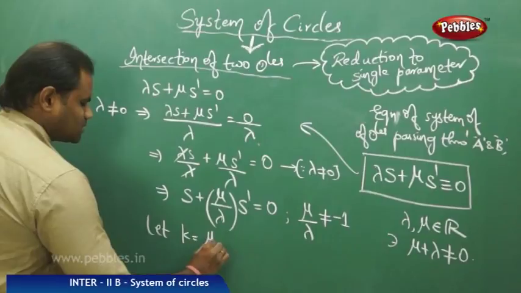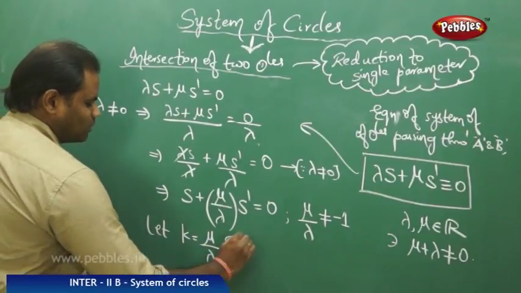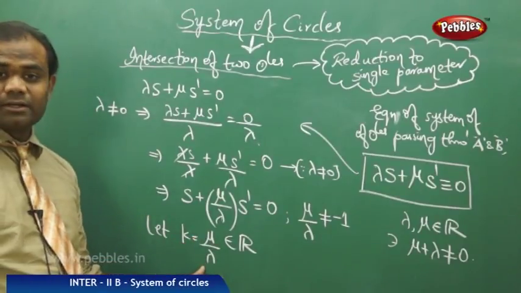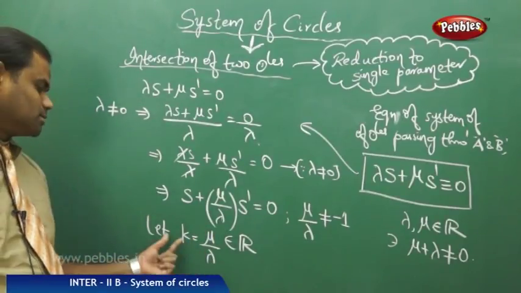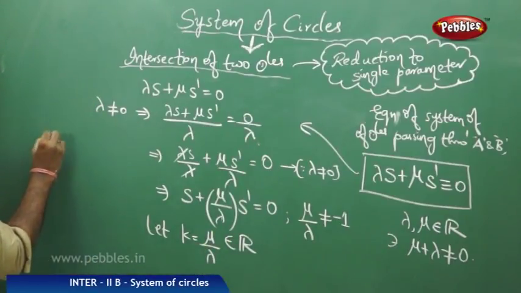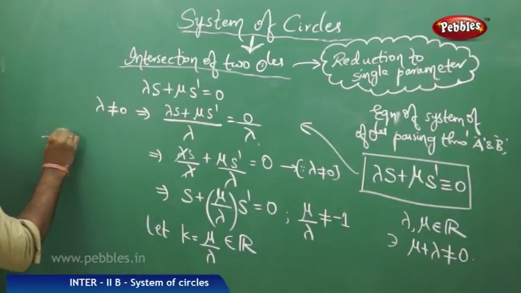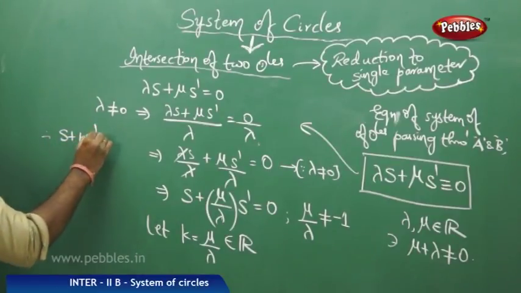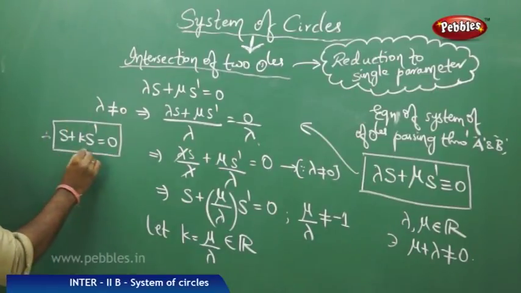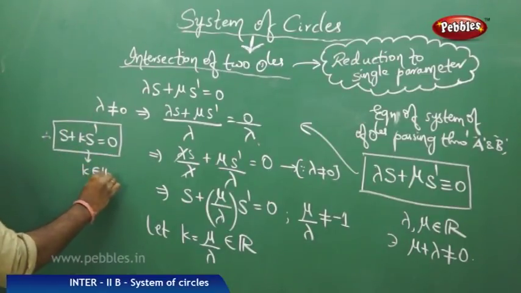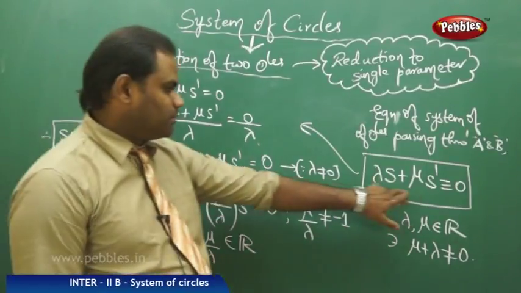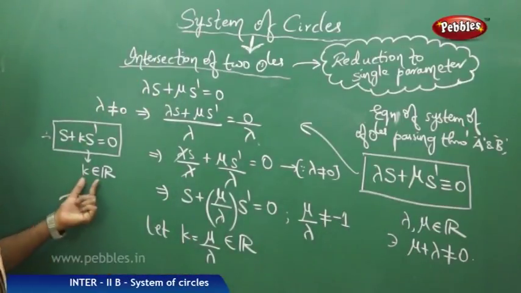Let k equal mu by lambda, which belongs to the real numbers, because mu and lambda are real numbers, so the ratio of two real numbers, k, is also a real number. Therefore, this reduces to S + kS' = 0 as the new system of circles for k belonging to R. This is how the two parameters reduce to a single parameter k.